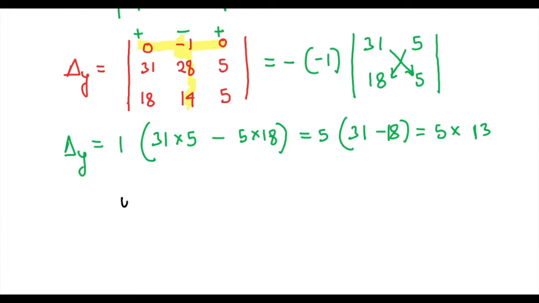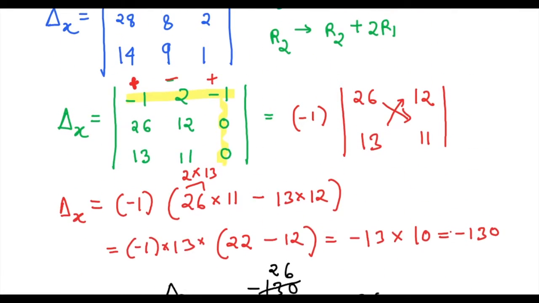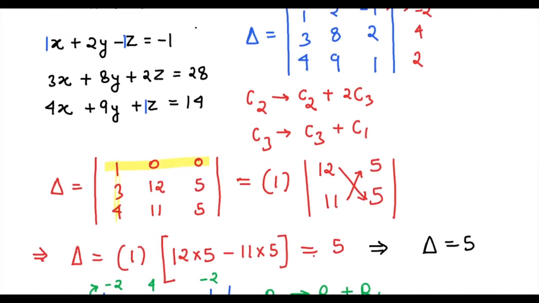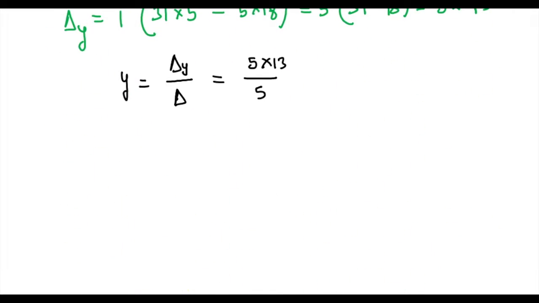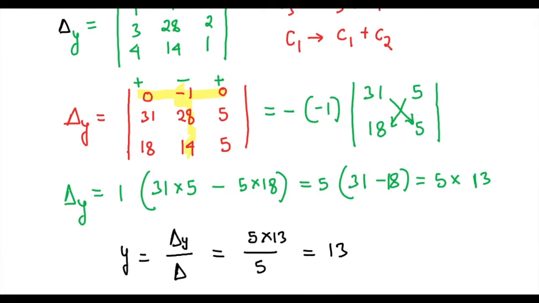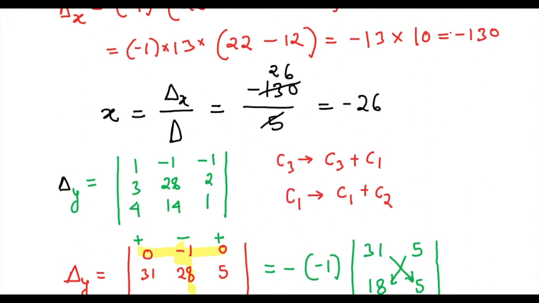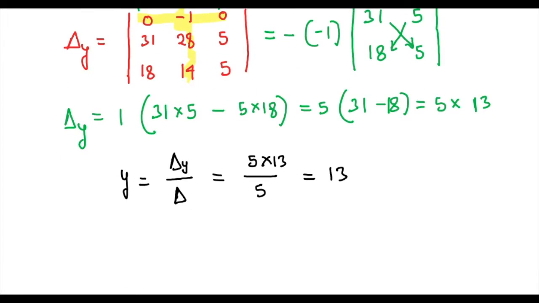The value of y will be del y upon del, and the value of del y is 5 into 13, and the value of del is 5. So the value of y is 13. Value of x was minus 26 and value of y is 13.